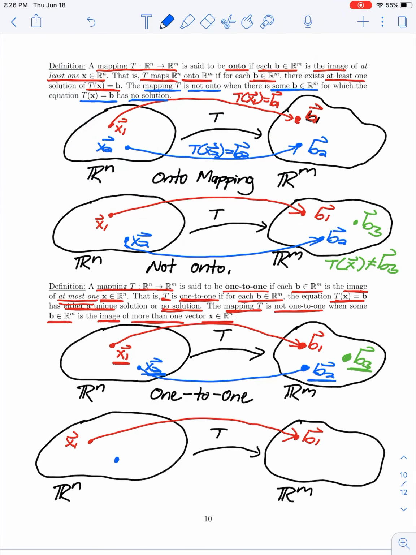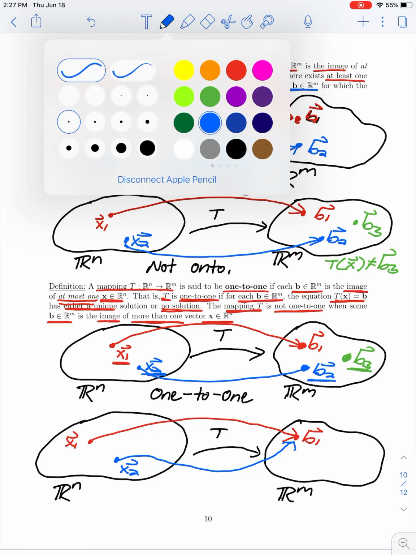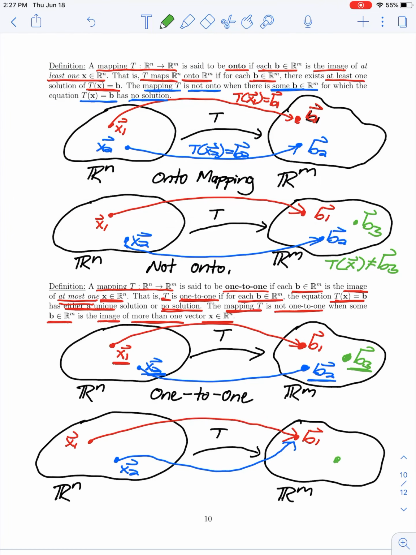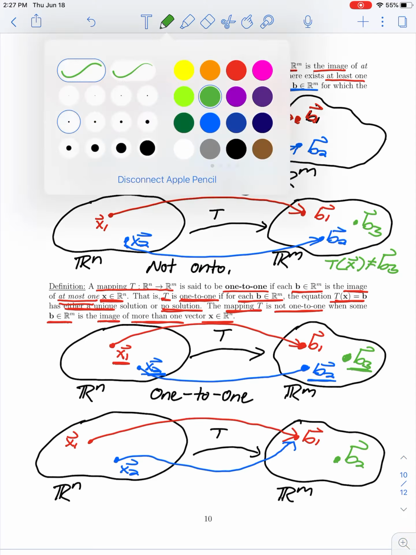So let's say we have two different vectors, x1 and x2, which both map to the same vector B1 in the codomain. And maybe I have some other vector B2 which I don't hit at all.